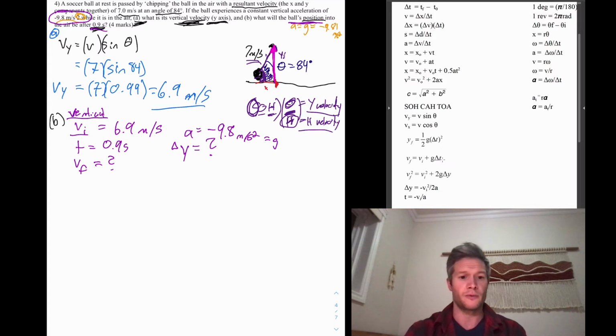There's not even any delta y in here. There's no delta x, and I don't know the velocity final. So there's not even the variable I'm looking for in here. But two, I'd have two unknowns, and that's not a good situation to be in. Okay, so let's keep moving forward. Next one, we'll check it out.